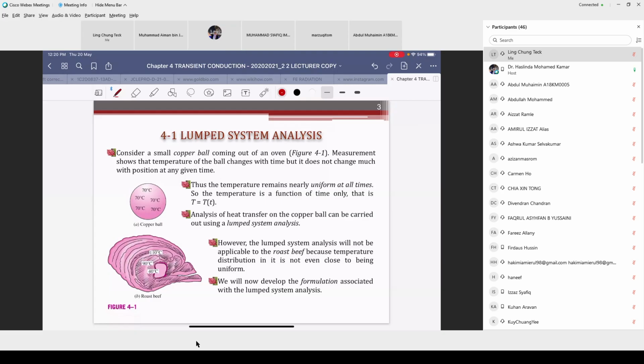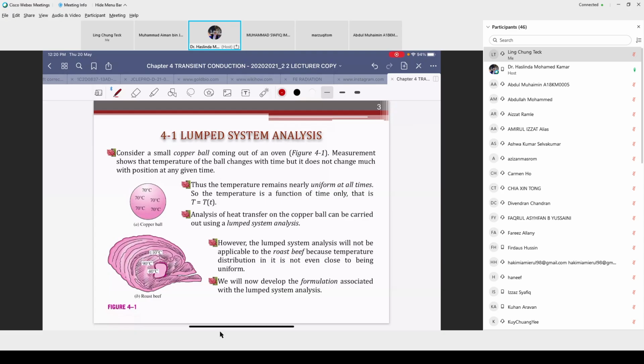Betul tak, engineer sekalian? You all tahu tak ball bearing guna kat mana? Macam-macam tempat lah. Many applications use that kind of concept. So copper ball is like a ball bearing, very small compared to roast beef.